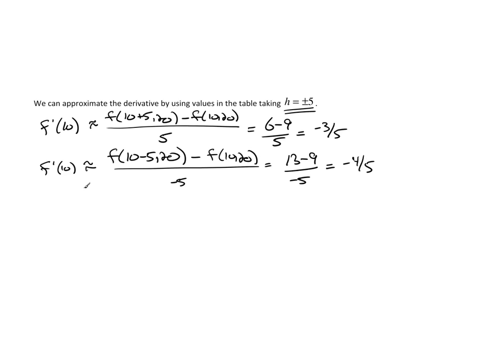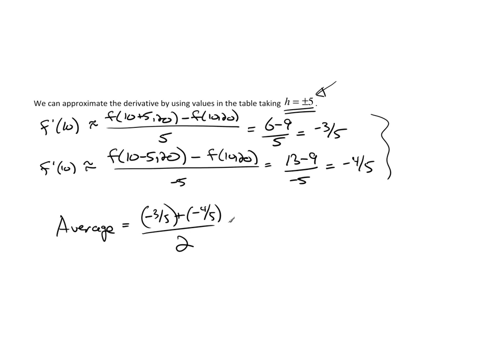Now that I've got these approximations going above and below by 5 miles per hour, and again, the reason I chose 5 is simply because the table goes by increments of 5, I can take the average. So if I average these, it's negative 3/5 plus negative 4/5, divided by 2, and what I end up with is negative 7/10.